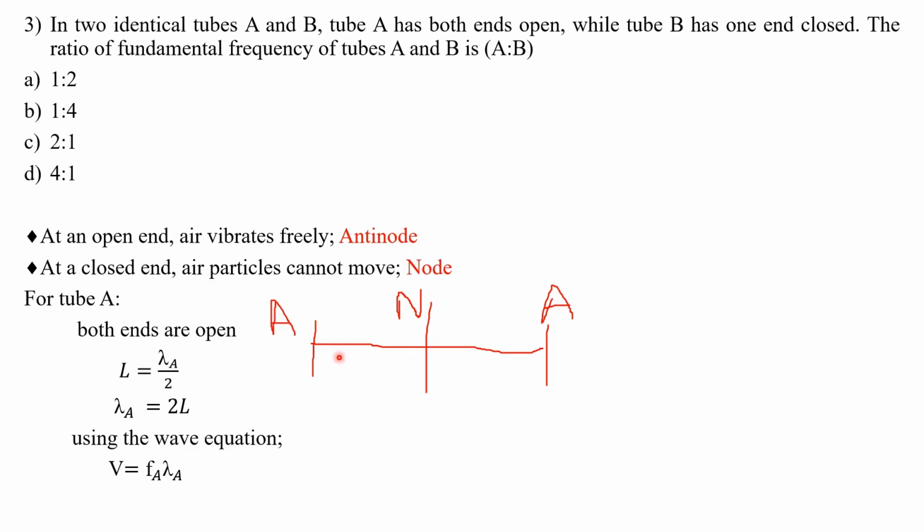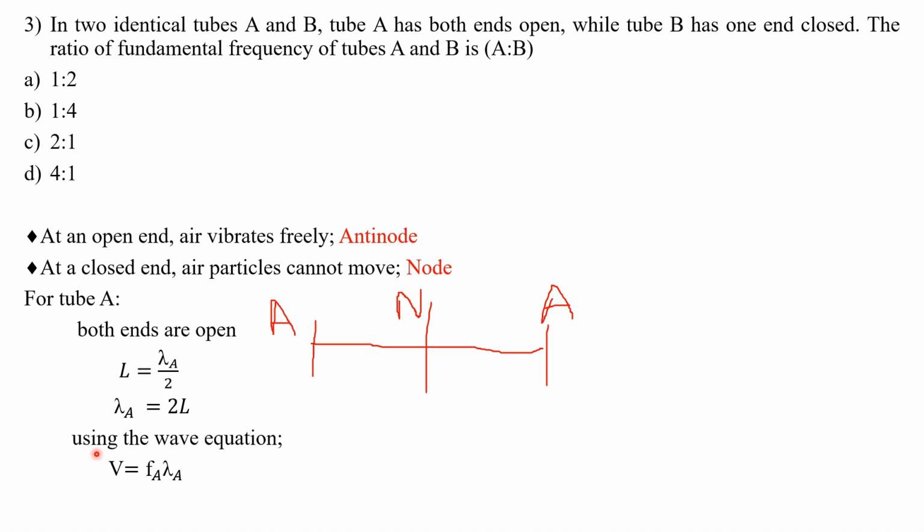Here also we have antinodes at the open ends. So the distance between this antinode and node is half of the wavelength. And we can write this equation as lambda A is equal to 2L.